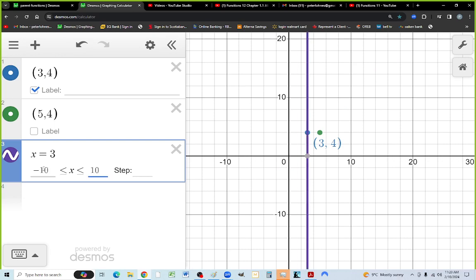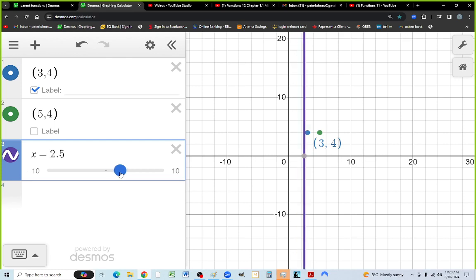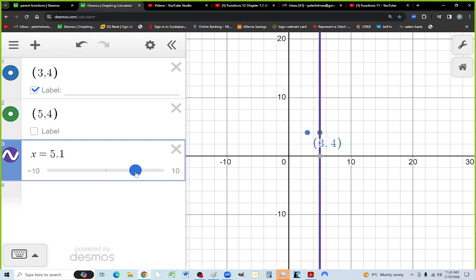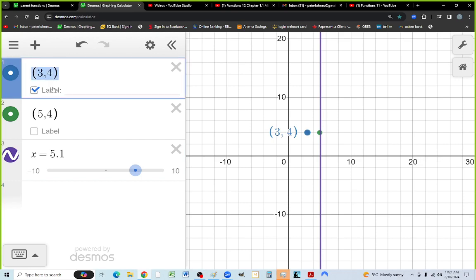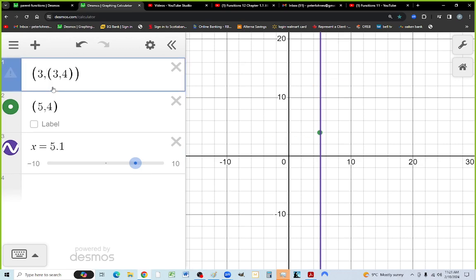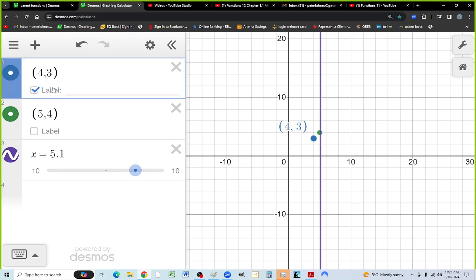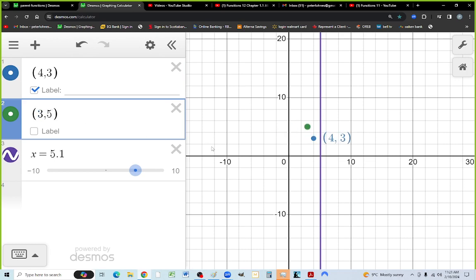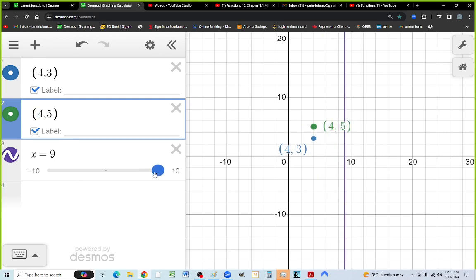That's because it can cross through that only once and cross through that only once. Let's reverse that. If this said 4 comma 3 and 4 comma 5, do you think that's going to pass the vertical line test?